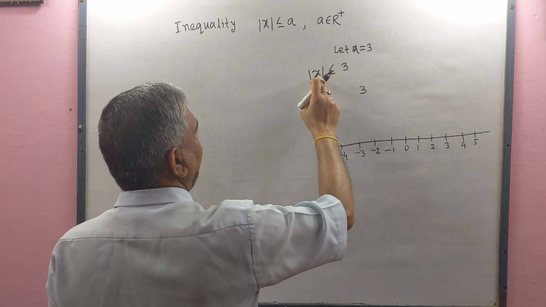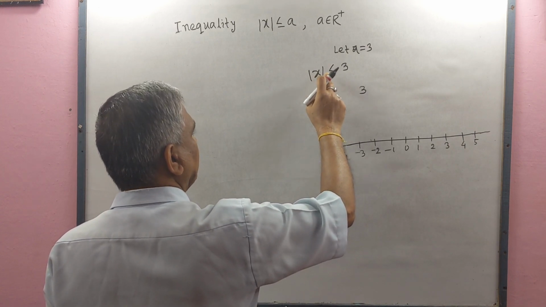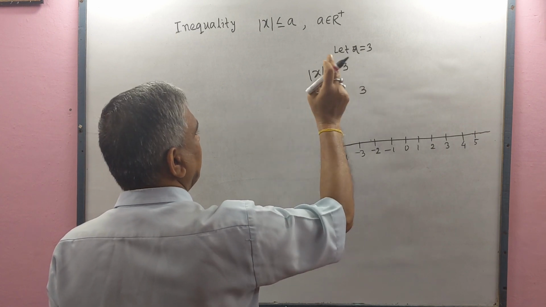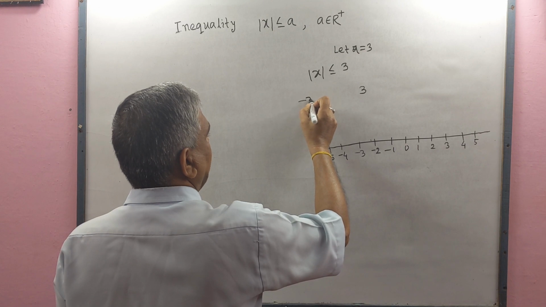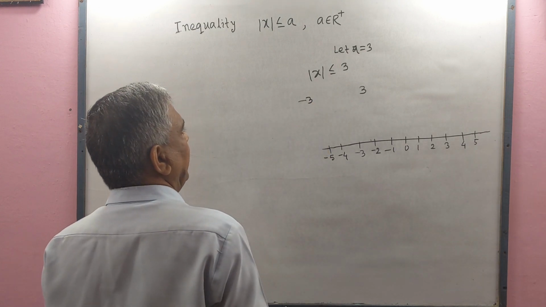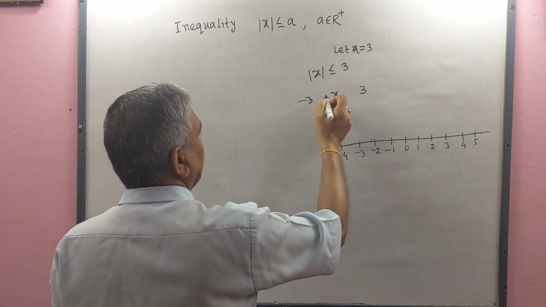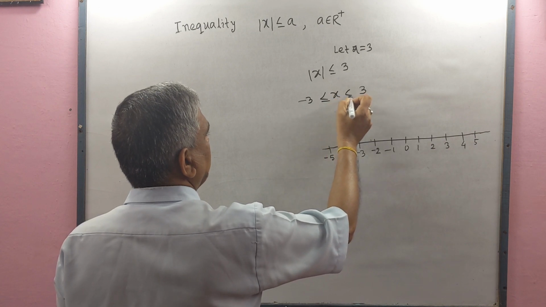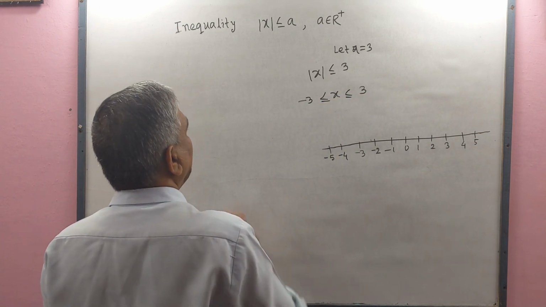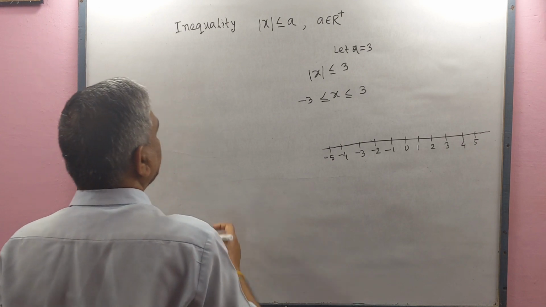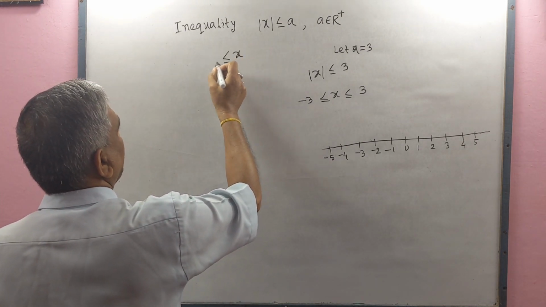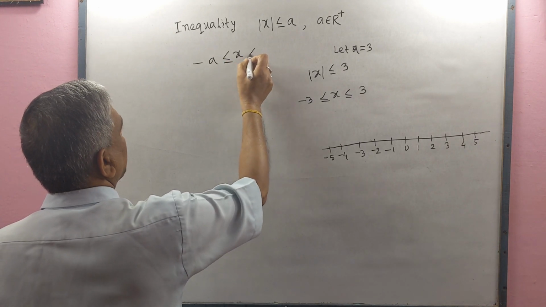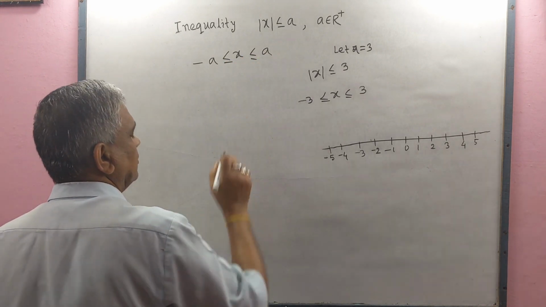If we put minus 4, modulus of minus 4 is 4, not less than or equal to 3, not possible. So x lies between minus 3 to 3. Similarly, here we get x lies between minus a to a.